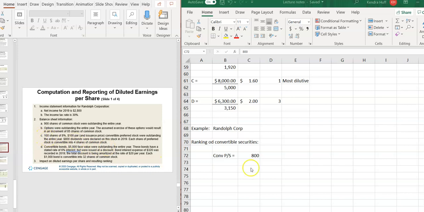And there were 100 shares outstanding. So this is going to be 104. So $2 there.